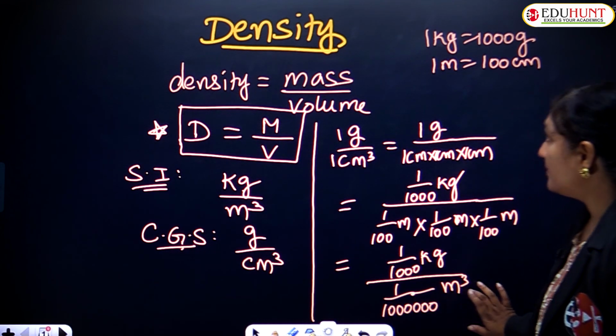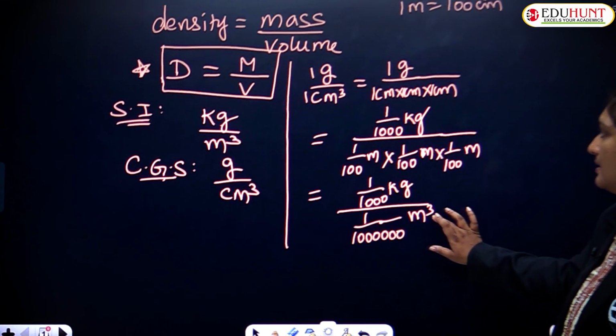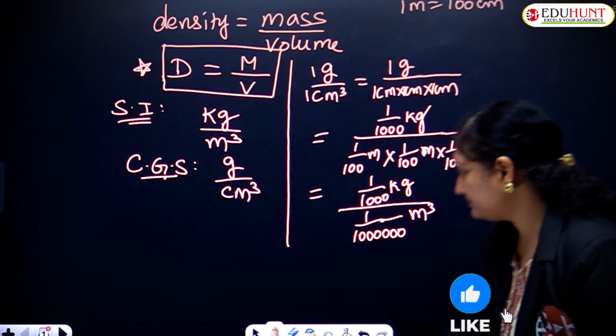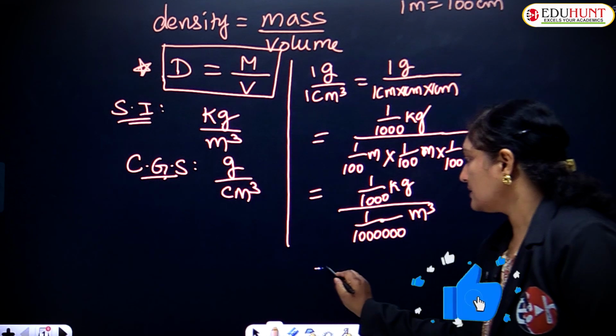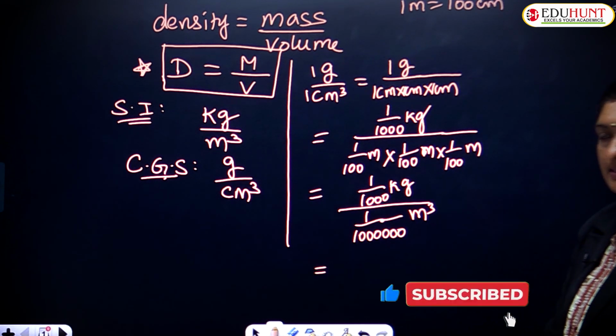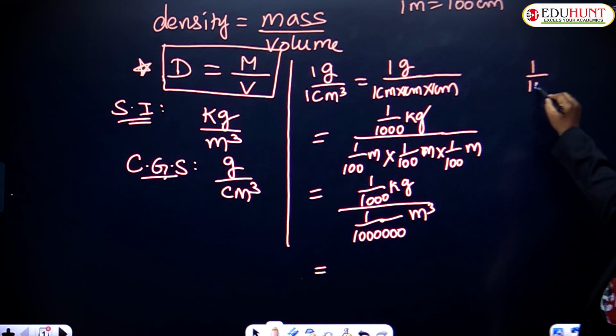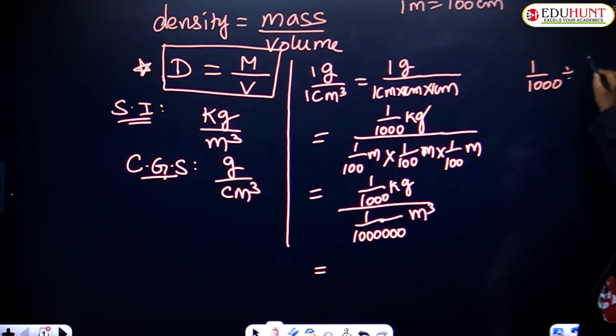If you further simplify this, this is nothing but 1 by 1000 divided by 1 by 10 lakhs.